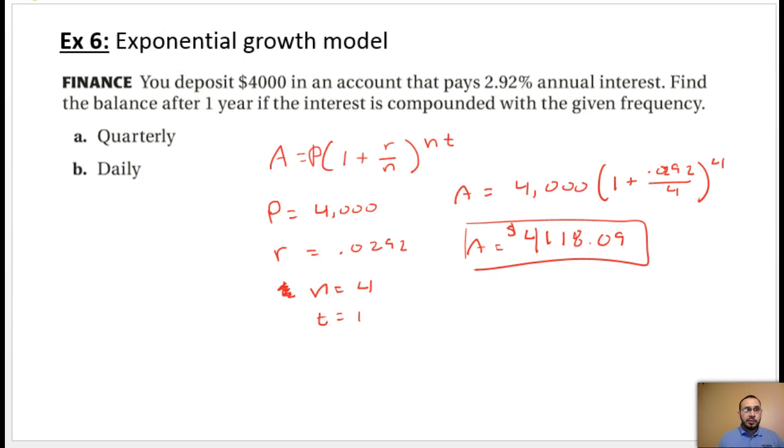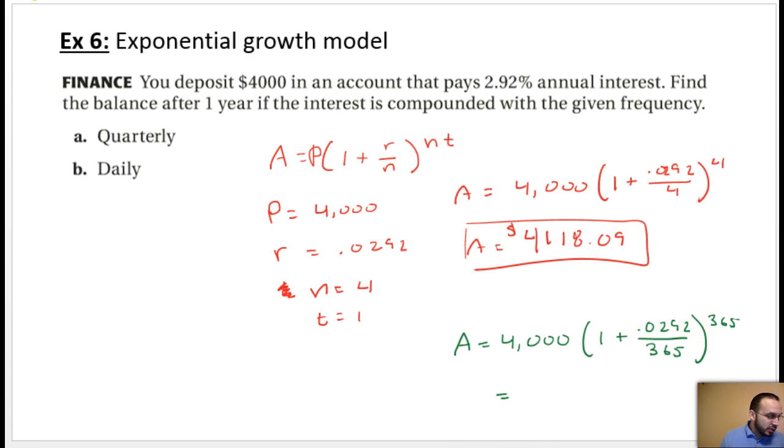Now let's do an example where it's compounded daily. So daily, the only thing that's changing now is n. n is going to be 365 for 365 days a year. So again, we're going to plug into our formula. We have that A is going to be 4,000 times 1 plus our rate, which stays exactly the same, over 365, to the 365.